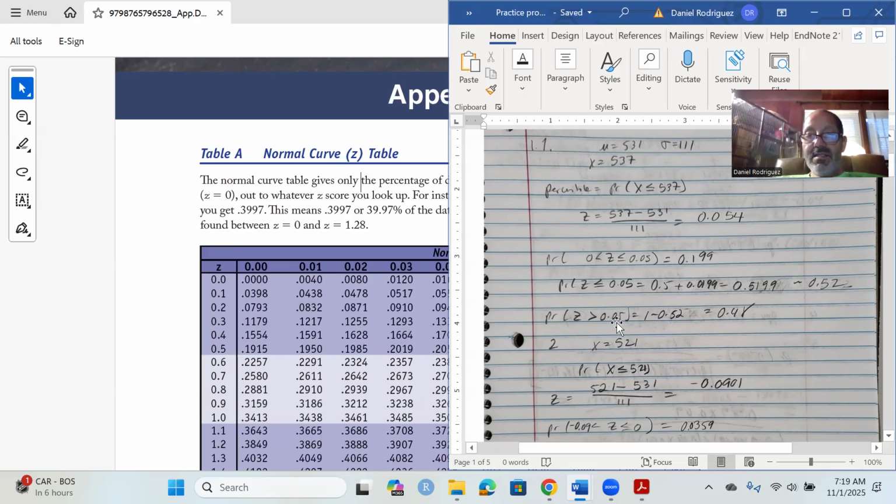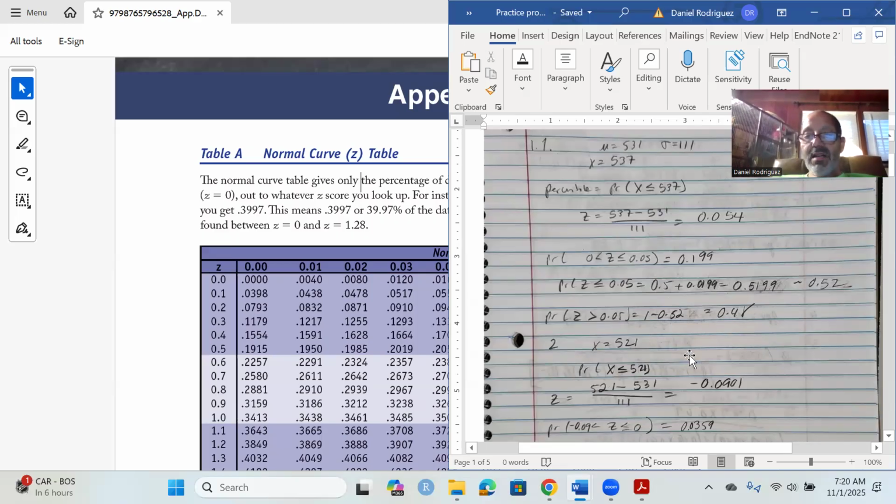Either it's less than or equal to 0.05 or it's greater than 0.05. Those are the 2 complementary events. Because we have the probability of 1, its complement would be 1 minus that probability. So 1 minus 0.52 is 0.48. So our answer to the second part of that question is 0.48.